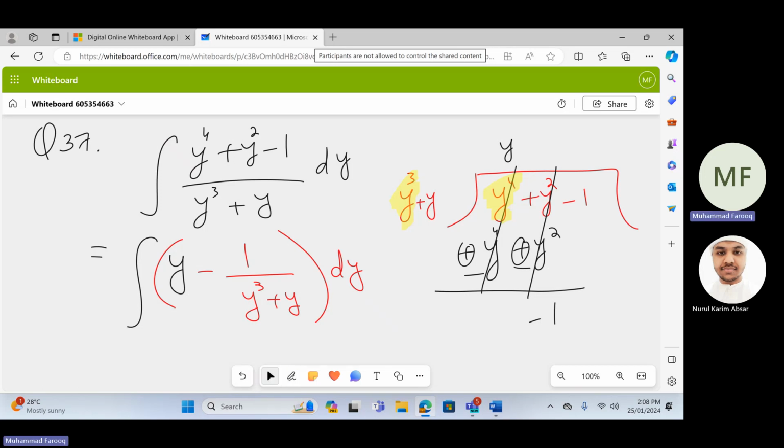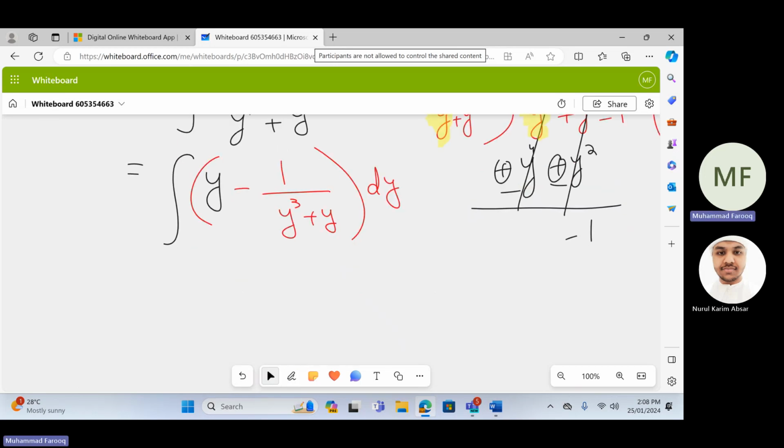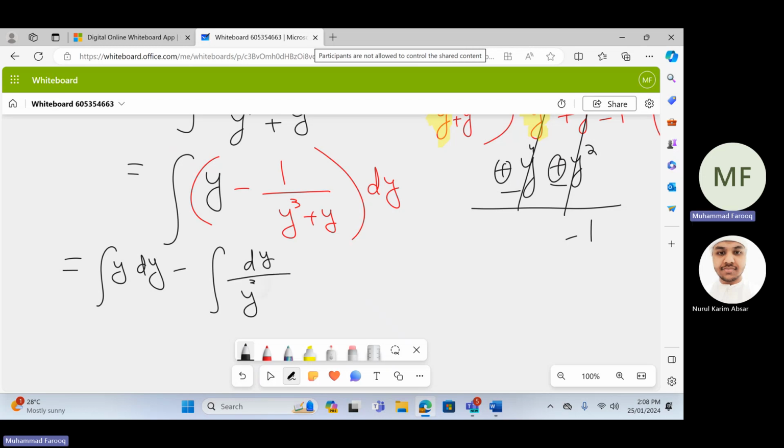Now, for the purpose of integration, please distribute the integration over y and this part. Now we have the integration of y dy minus the integration of dy over y cubed plus y. This integration is very simple.